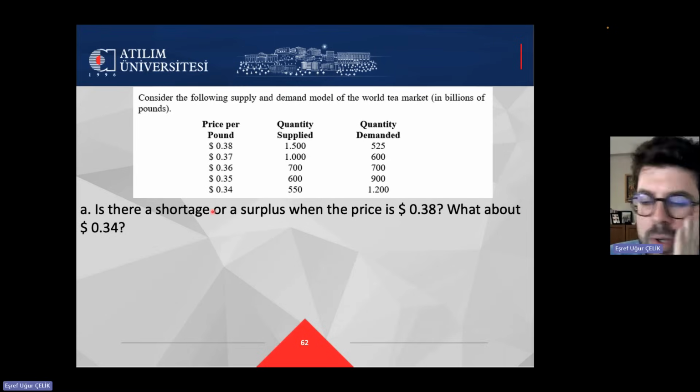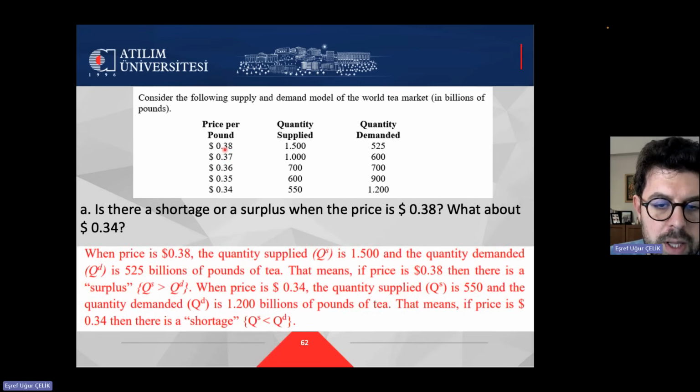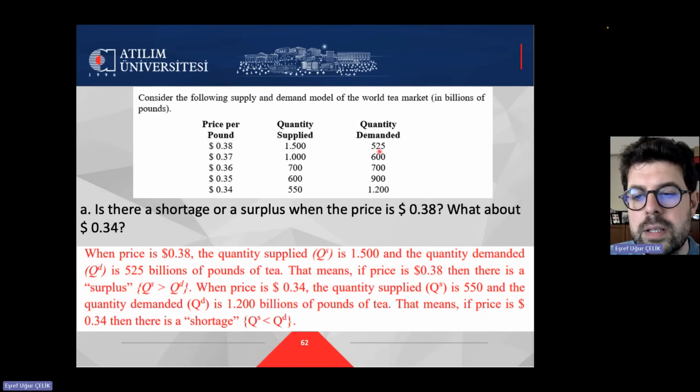Let's start with question A. Is there a shortage or surplus when the price is equal to 0.38? And what about 0.34? Let's start with 0.38. At 0.38, the quantity supplied is 1,500 and the quantity demanded is equal to 525.